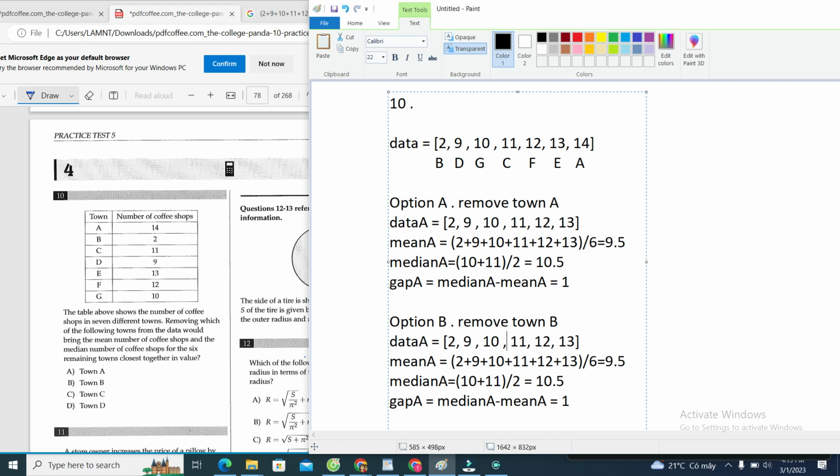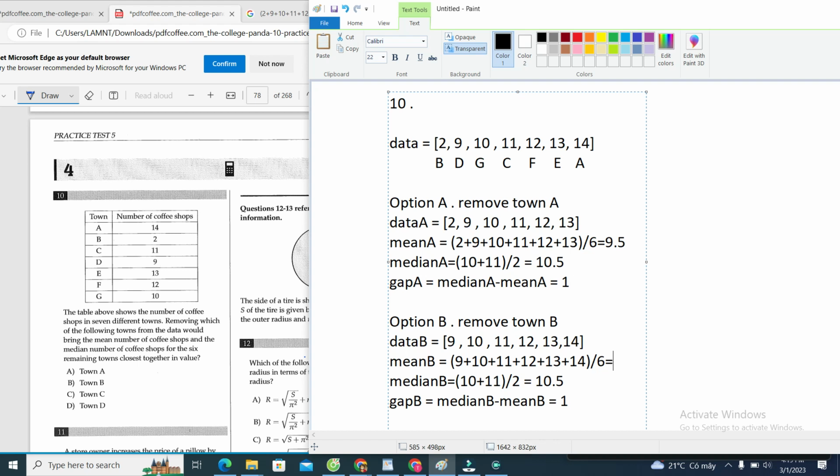So we're going to have data B here, mean B here, median B here, and also gap B, which is median B minus mean B. First of all, let's fix data B. Data B is going to keep town A, which is 14, and we're removing B. So the mean, instead of 2 here, we're going to add 14 in, and we still divide by 6.